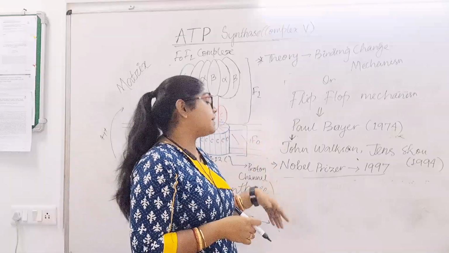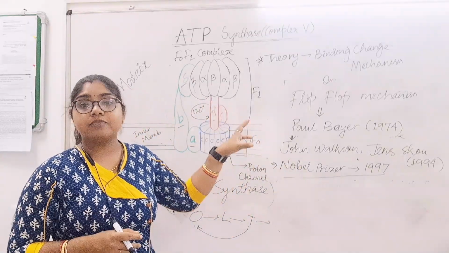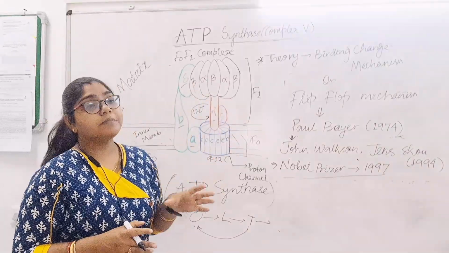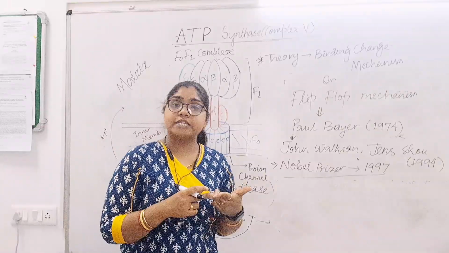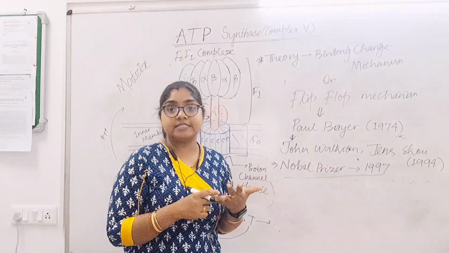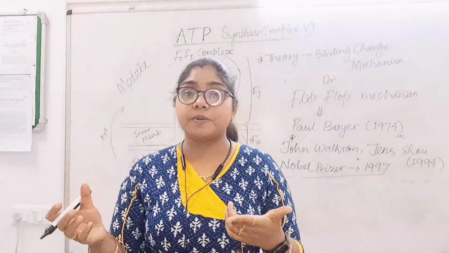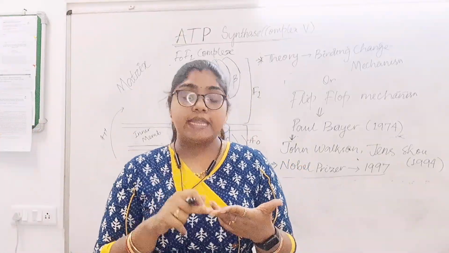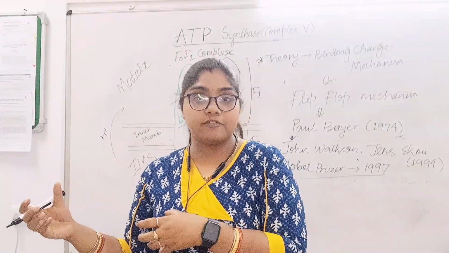And in the mechanism, the beta subunit has the main role. It is the site of ATP synthesis. This beta subunit has three conformational changes: open state, loose state and target state, or tense state. In the open state, it accepts the ADP and inorganic phosphate and releases ATP. It does both works. In the loose state, it traps the ADP and inorganic phosphate.